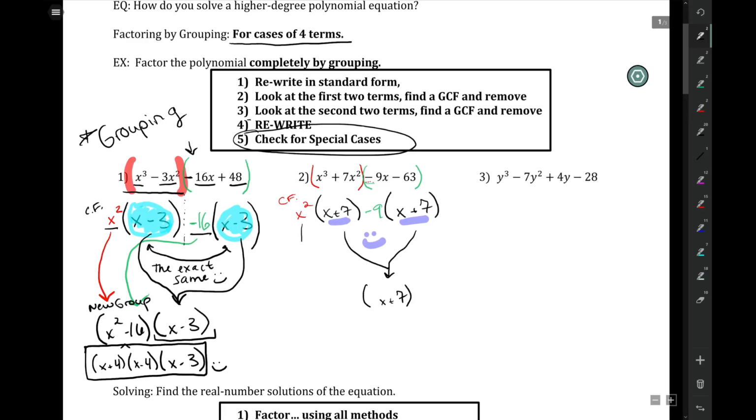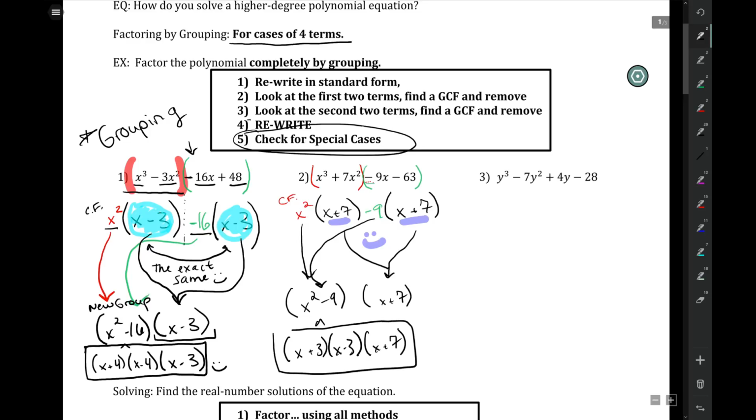The x squared and the minus 9 become the other group. From here, x squared minus 9 is really x plus 3, x minus 3, and x plus 7. Those are all factored again.